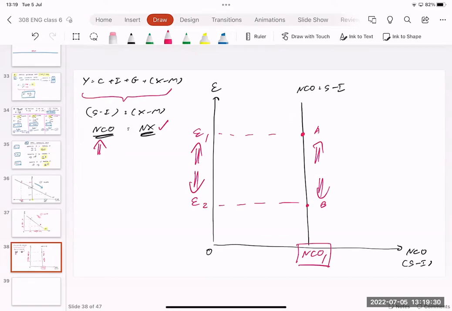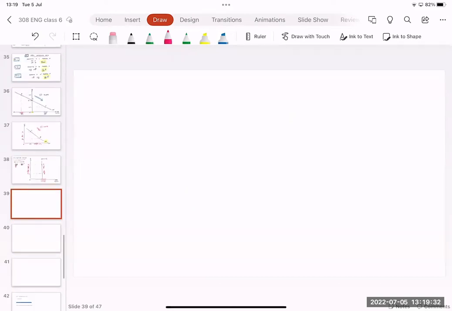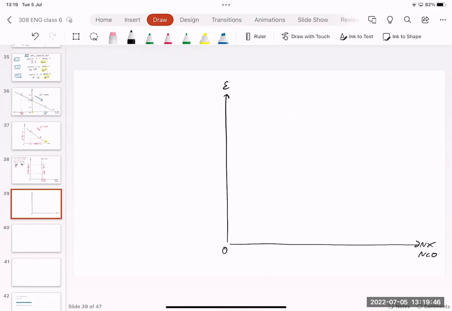So after we have an NX curve and an NCO curve, we just simply bring them together. So you're going to have the graph like this. On the vertical is the real exchange rate. On the horizontal, you have NX and NCO together.